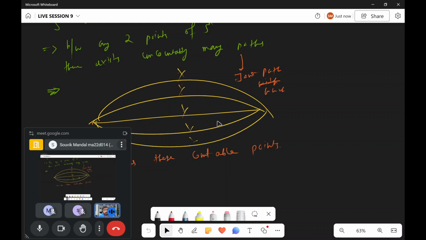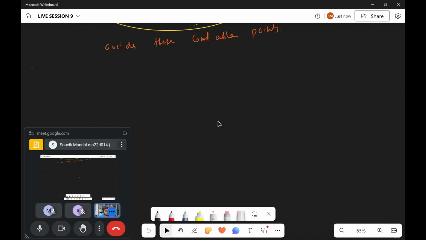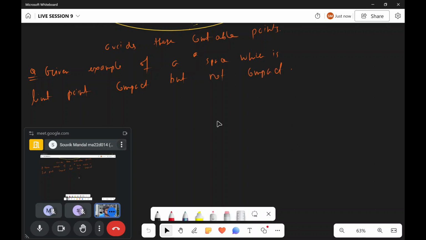Okay, there is one interesting question. Give an example of a space which is limit point compact but not compact.